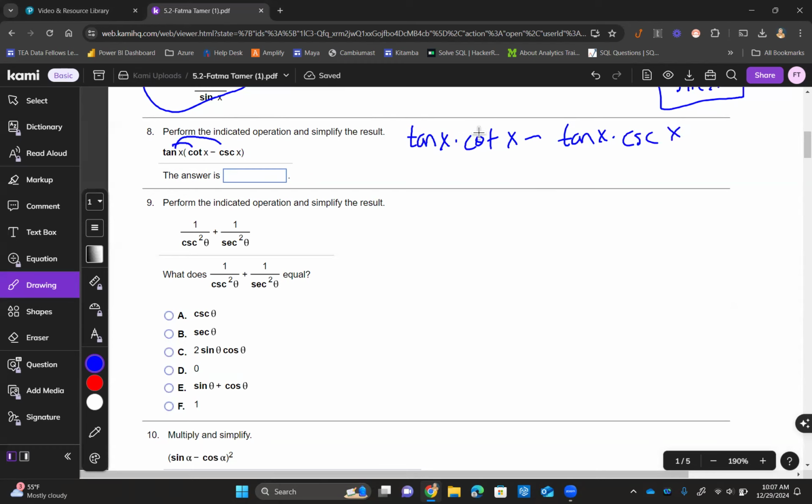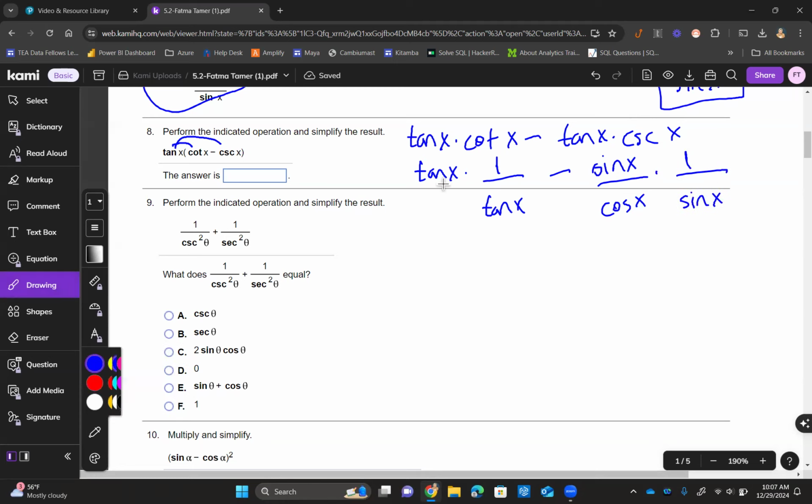We know that tangent x and cotangent of x are reciprocals of each other. So basically, I want to keep the tangent of x, but cotangent of x is always equal to 1 over tangent of x. Minus, I now want to change the tangent of x as sine x over cos x, because this is the equivalent for tangent of x. And cosecant of x is the same thing as 1 over sine of x.